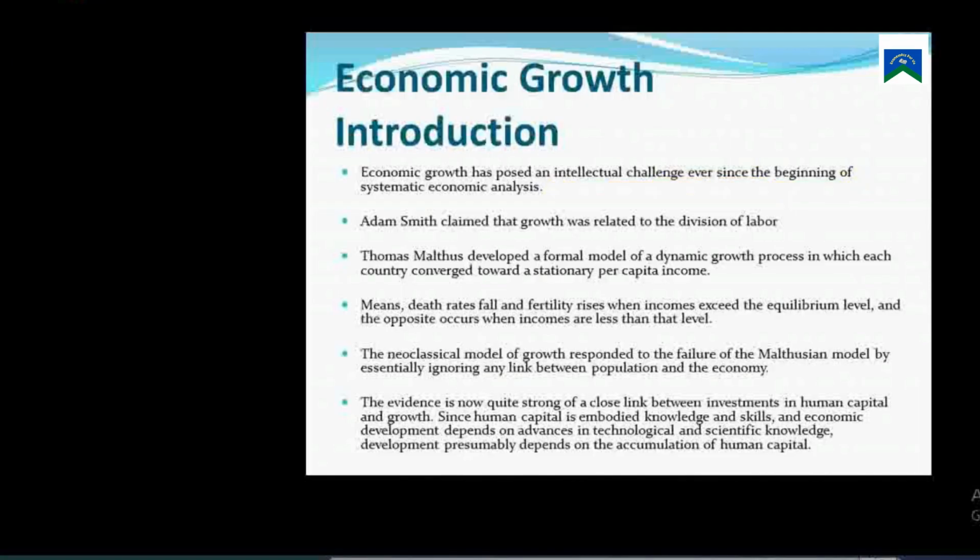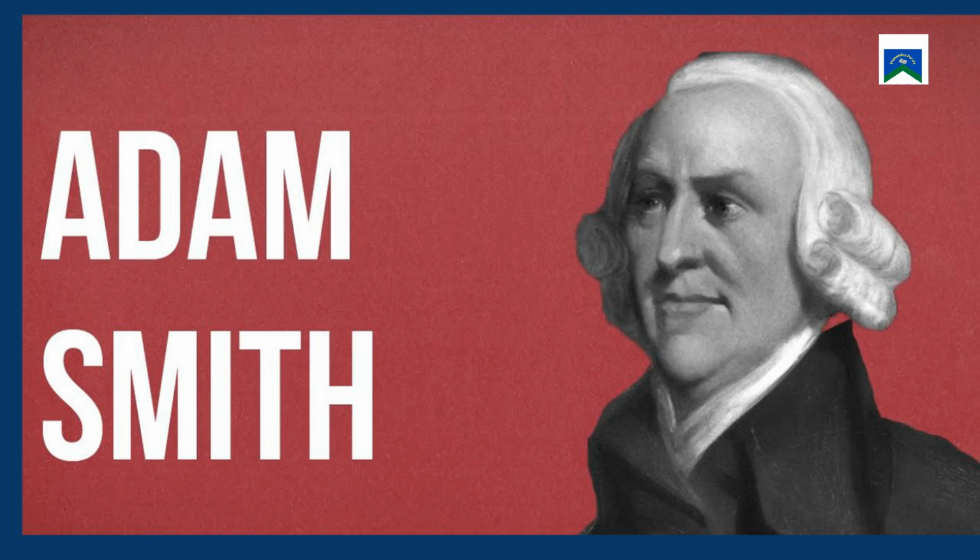Next, the first economist, also known as the father of economics, Adam Smith, defined economics as an independent subject, a different subject. He defined growth as related to the division of labor. That means he says growth means a rise in the productivity of labor by means of the division of labor.